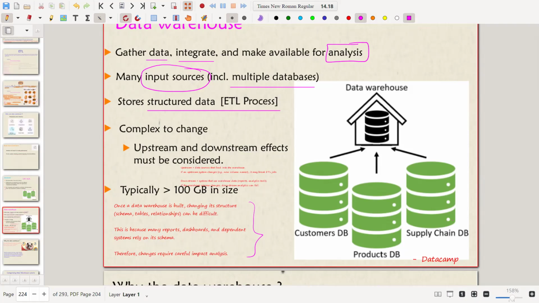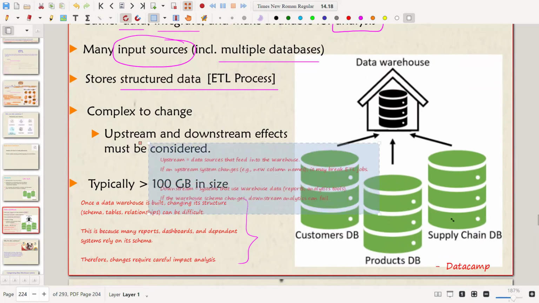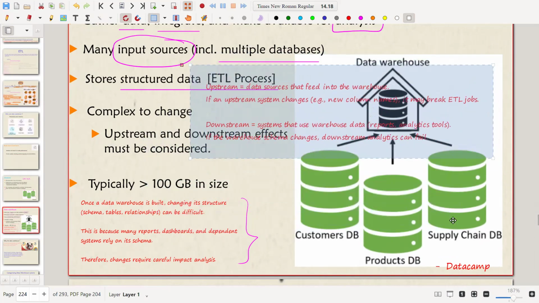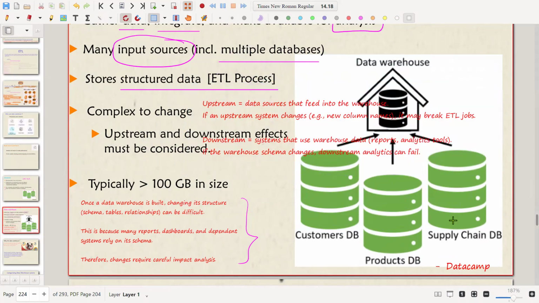Now, what do I mean by upstream and downstream? That's what I have written in a tiny bunch here. I will make it bigger for you and move it here so that it can be visible a bit. Upstream is nothing but the data sources that are fed into the data warehouse.